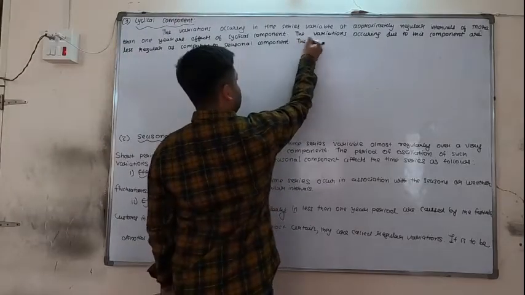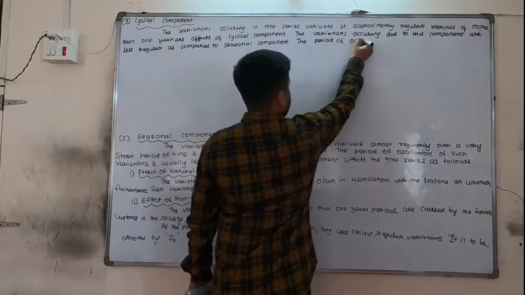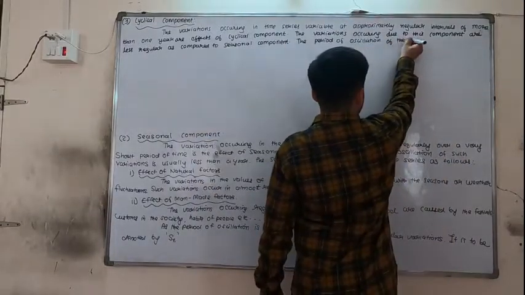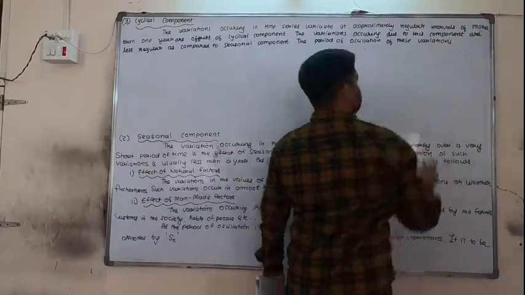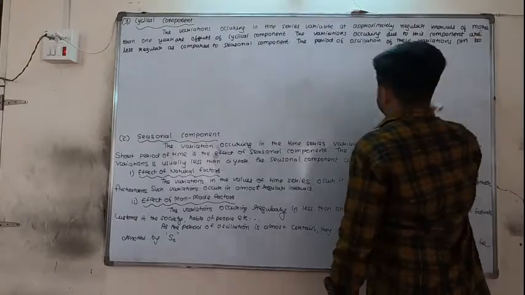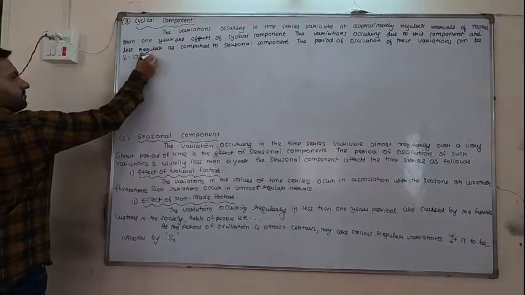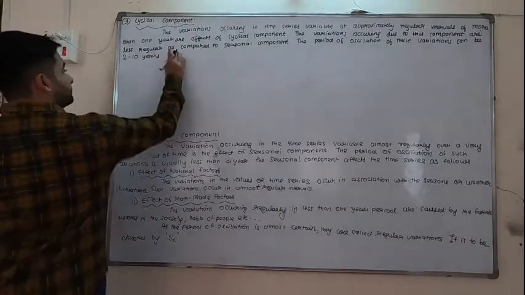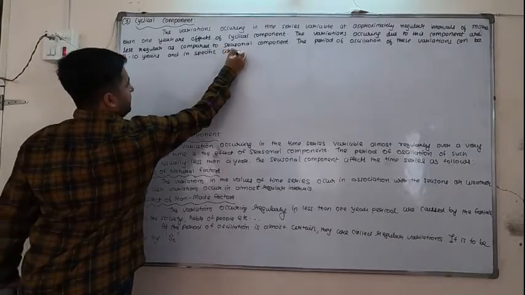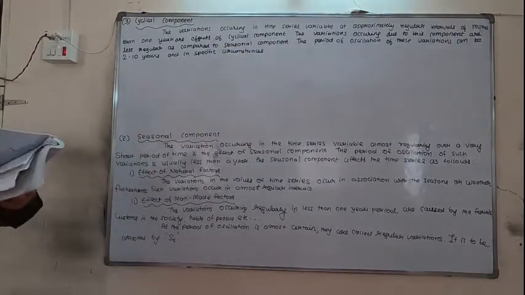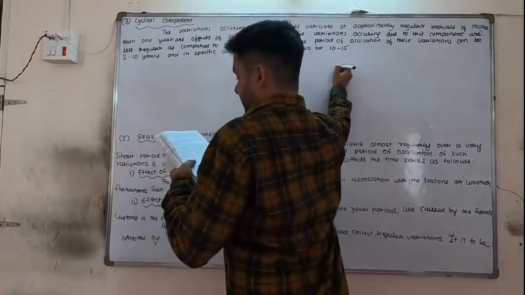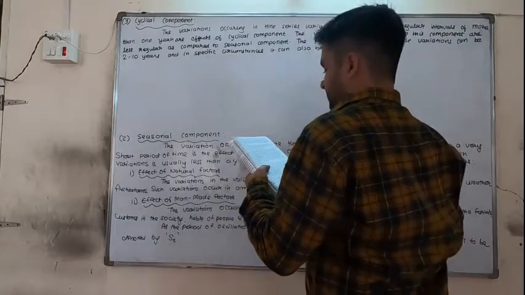The period of oscillation of these variations can be 2 to 10 years, depending on the specific circumstances. It can also be 10 to 15 years.